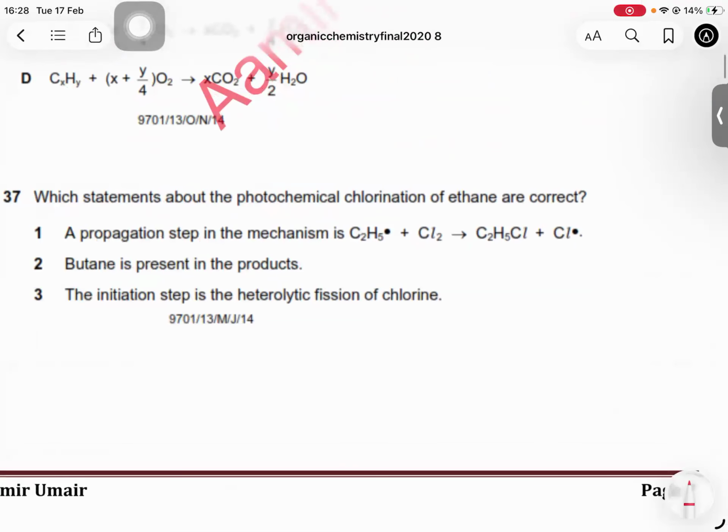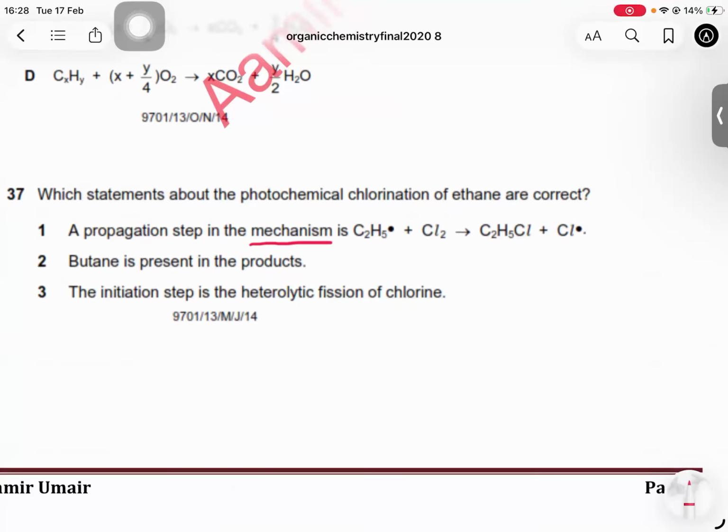Which statements about the photochemical chlorination of ethane are correct? One: the propagation step in the mechanism is this. Is it correct or incorrect? Correct.